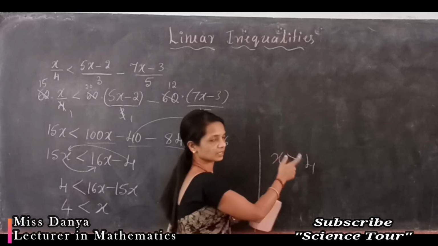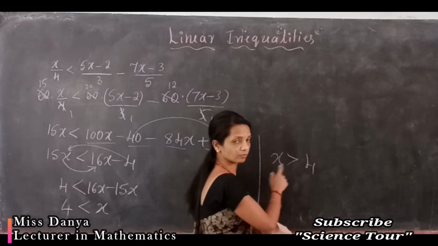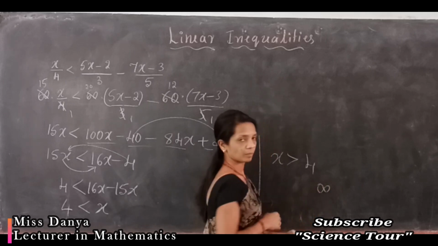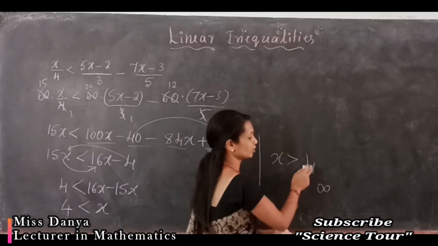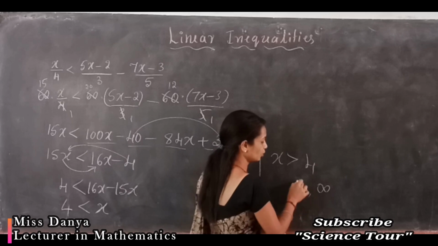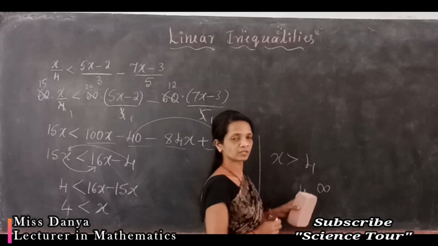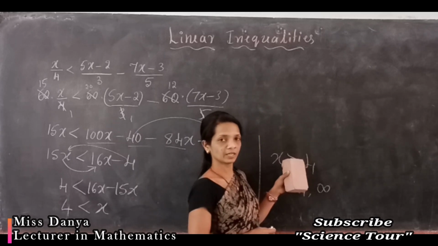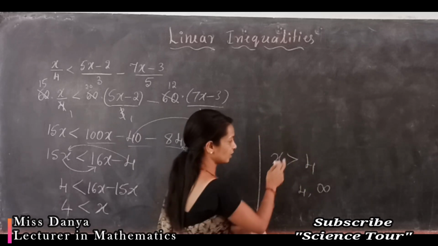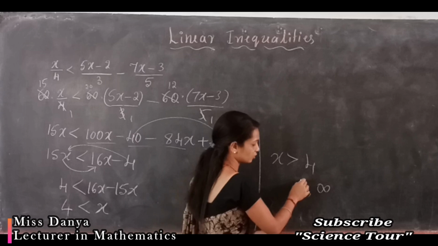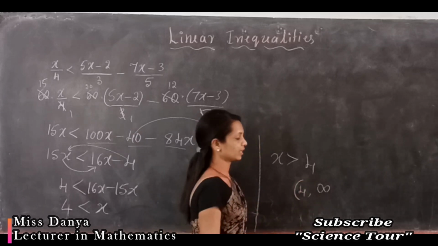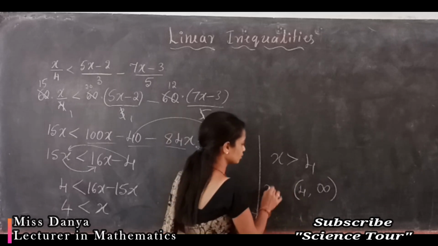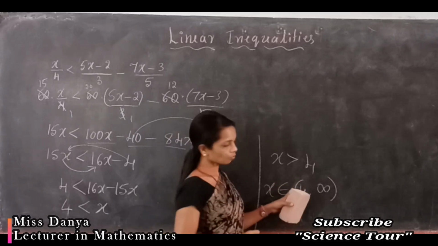Suppose you have x greater than 4, then the second number in the interval will be plus infinity, and the first number will be 4. Which bracket do you use? Here you have a strict inequality, strictly greater than, so you use a round bracket, and on the plus infinity side also a round bracket. So x belongs to (4, infinity).